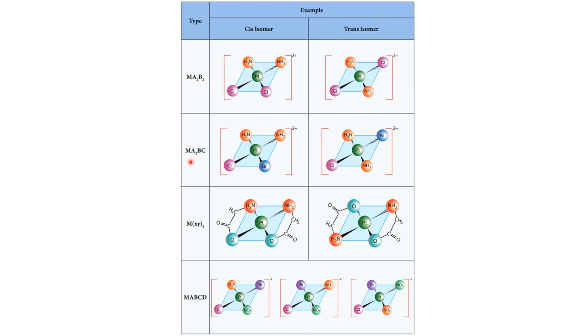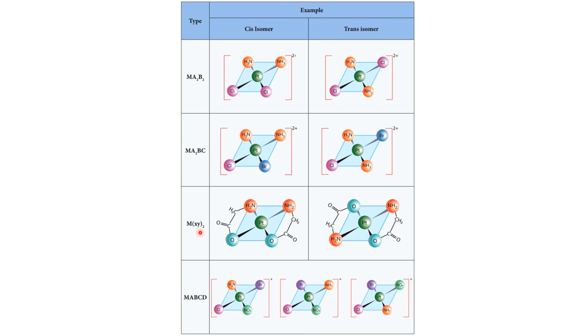Now if Ma2BC, with a third kind of ligand, comes, then again it shows cis and trans. If the same kind of ligand is adjacent to each other, it is called cis. If they are trans to each other, it is trans. In this case, we just look at the same ligand positions.